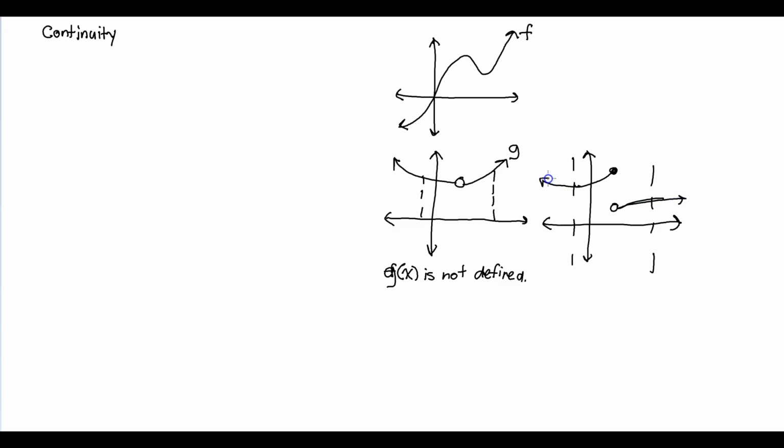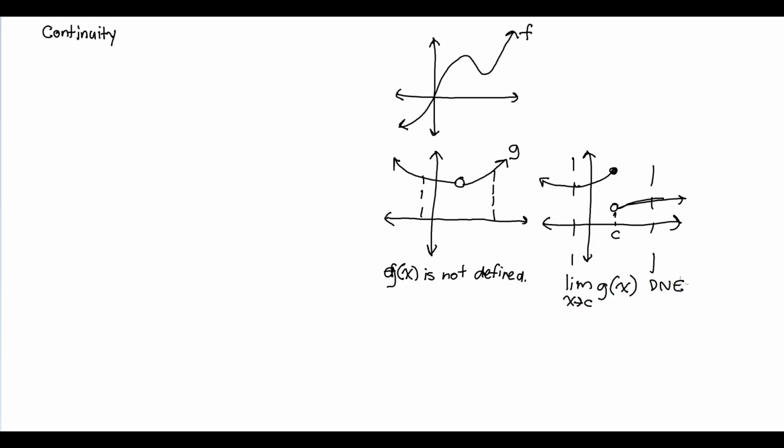So we've talked about whether a limit exists. Here, let's call this point c. The limit as x approaches c of g of x does not exist.